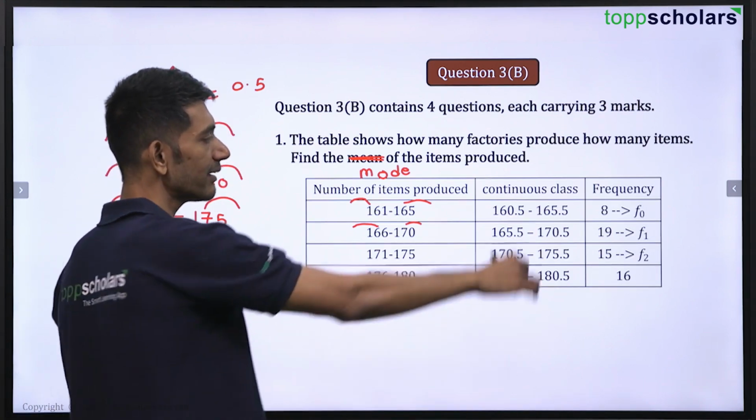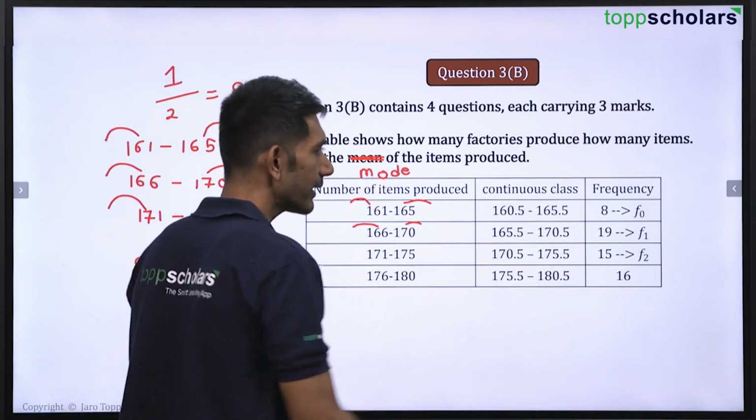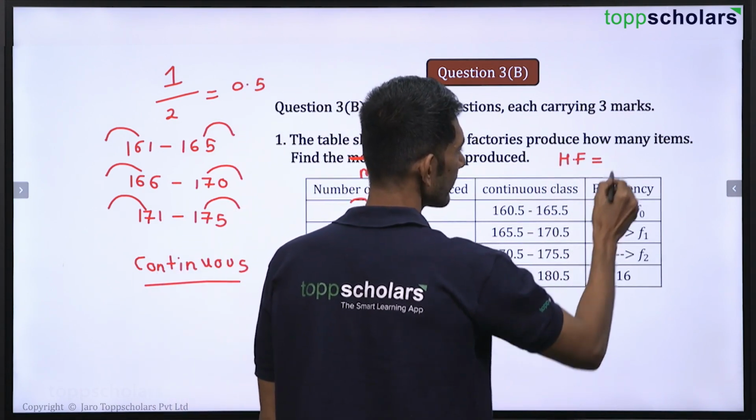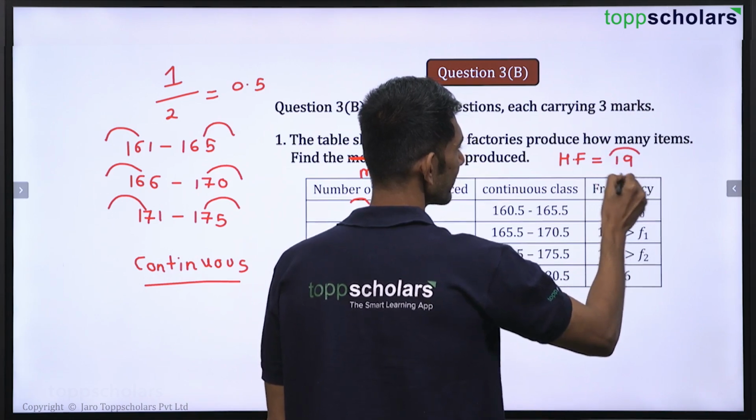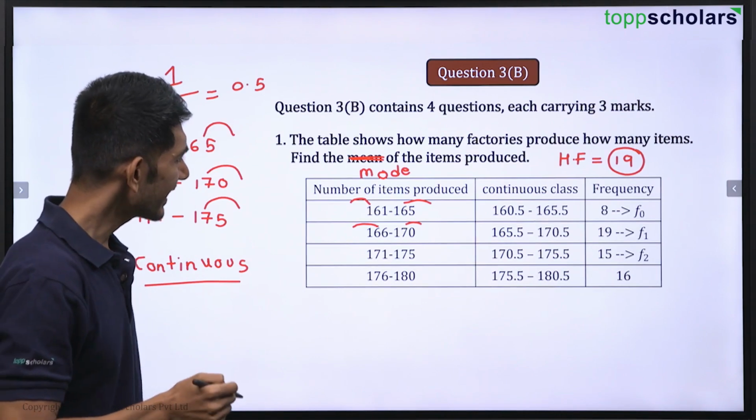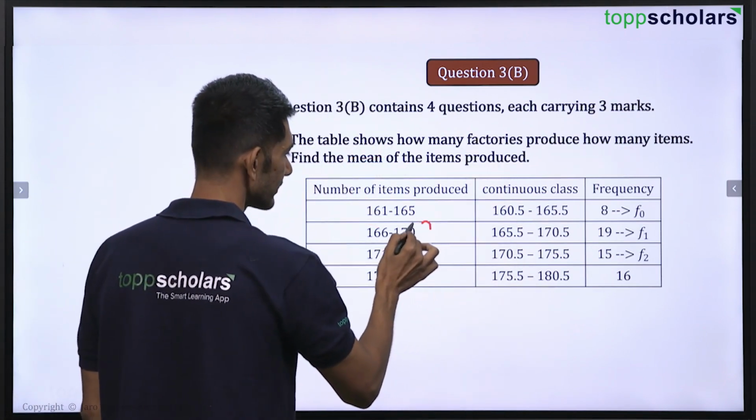And then the corresponding frequency is given. So firstly, you'll find out the highest frequency for mode. Highest frequency. What is the highest frequency? The highest frequency is 19. So if the highest frequency is 19, can I say the modal class is this?